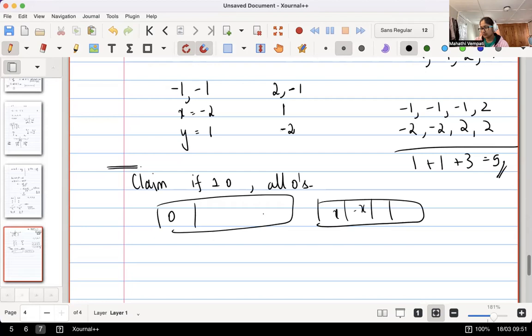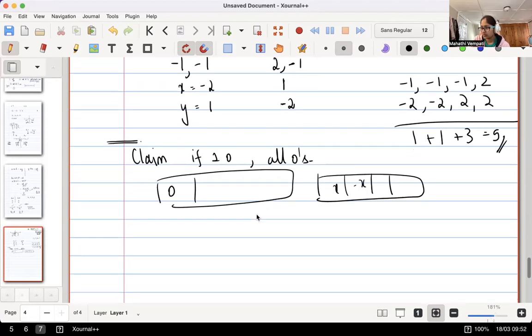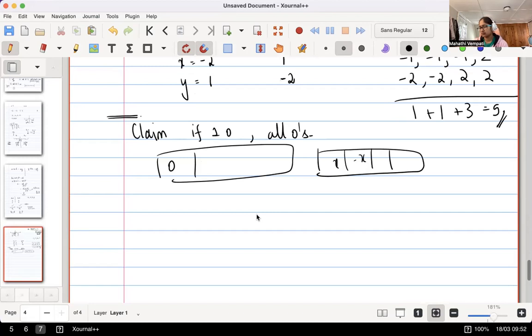Now, if this should hold, x and something like minus x.